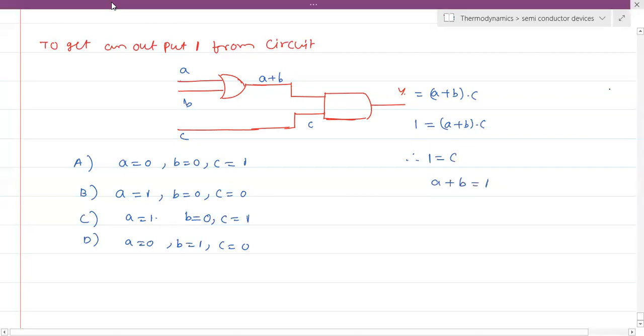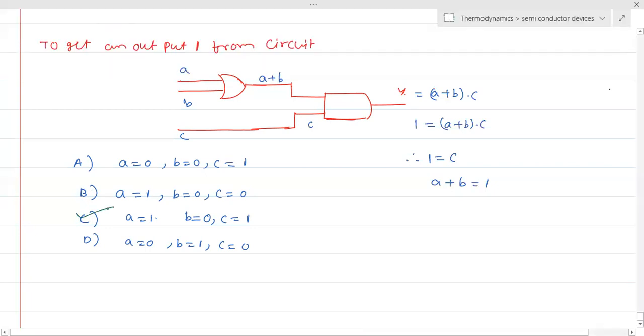So the probable choice is C. See here, A plus B means 1 plus 0, which is 1, and C is already 1.